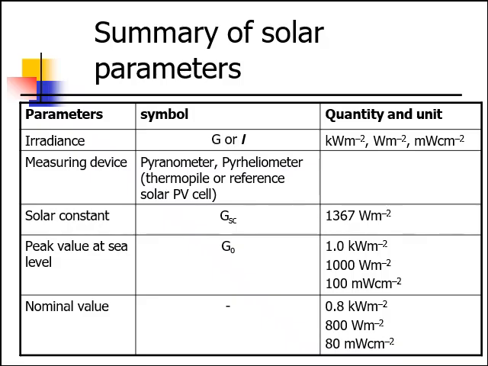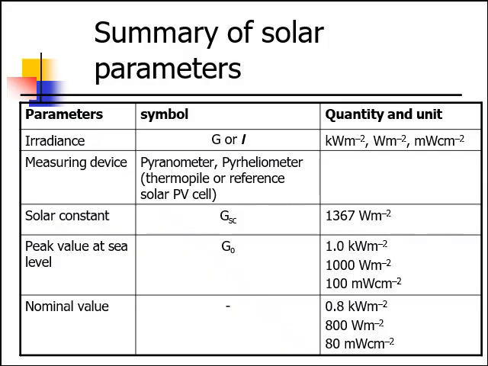This is the summary of what we have learned so far, the summary of solar parameters. Irradiance is indicated by G or I. G is for the constant properties and I is for any general irradiance that we are measuring at any surface of the earth with different values other than one sun. It is measured in kilowatt per meter square, watt per meter square, or milliwatt per centimeter square.